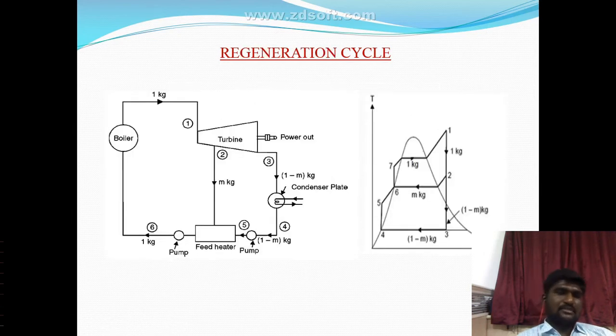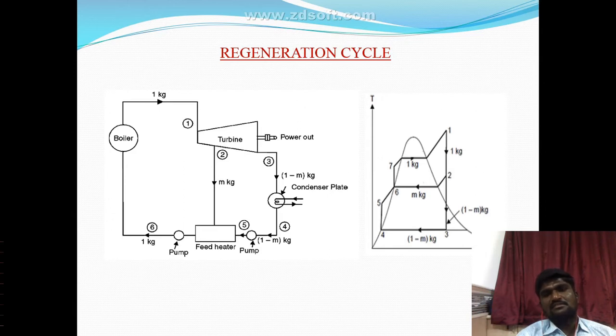This is the regenerative Rankine cycle. This is the general layout of the regenerative Rankine cycle. The first is the boiler and turbine. We use the condenser and the feed pump. First of all, we send 1 kg of steam from the boiler into the turbine. The turbine does not fully utilize the steam. Some amount of steam is sent into the condenser.